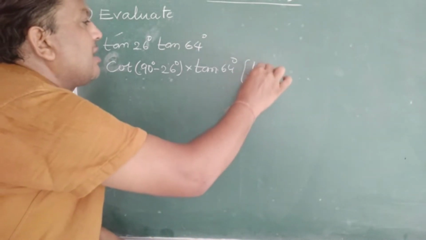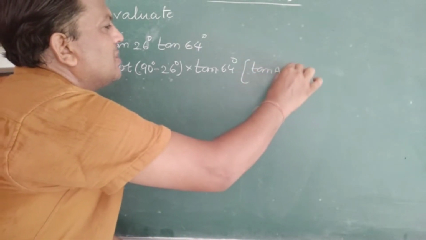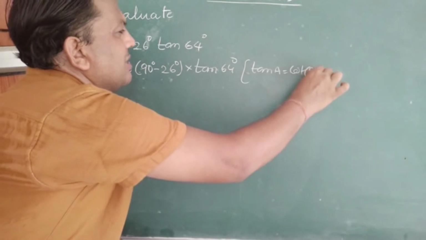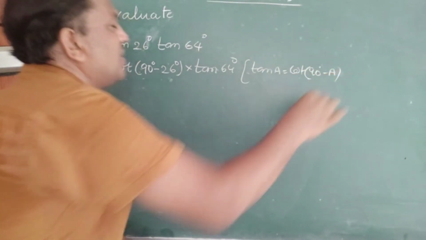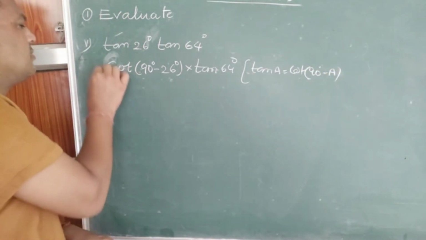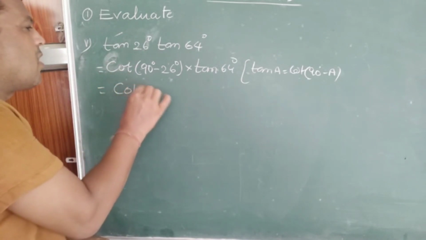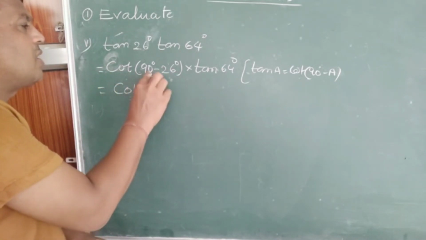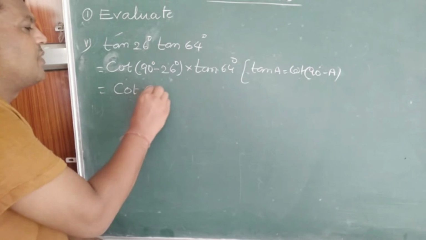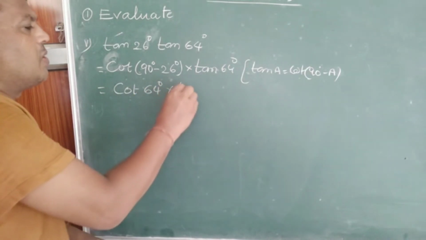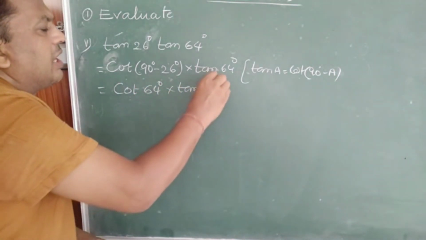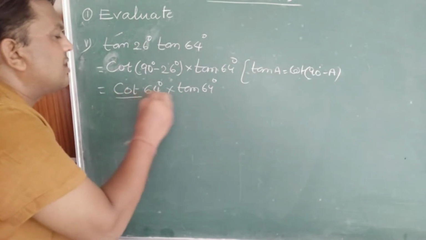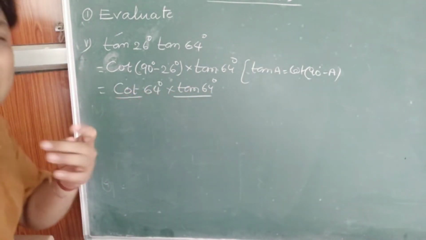How can we say? Tan A is equal to cot 90 degree minus A, children. So cot 90 minus 26, how much, children? Obviously it is 64 degree, into tan 64 degree. Now you have to check whether there is any relation between them, tan theta and cot theta.